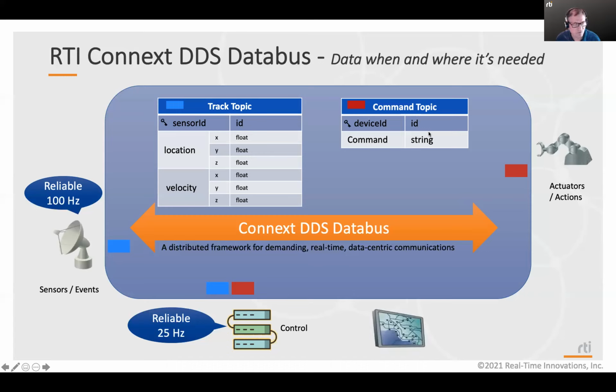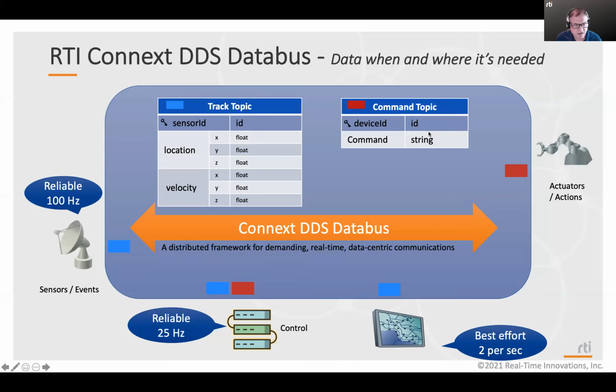Additionally, because we're a modularized, really a service-oriented architecture, we can add components to the system, such as a threat board, and it can subscribe to the same topic. In adding this component, we didn't have to touch any of the software in the sensors, the control unit, or the actuators. It's just one more subscriber.